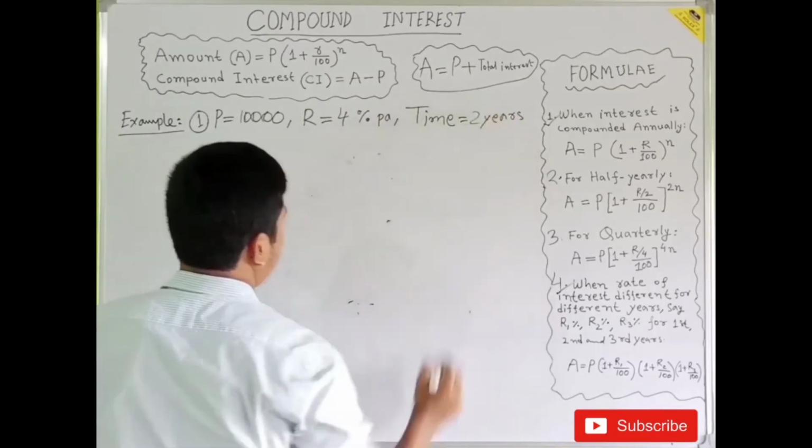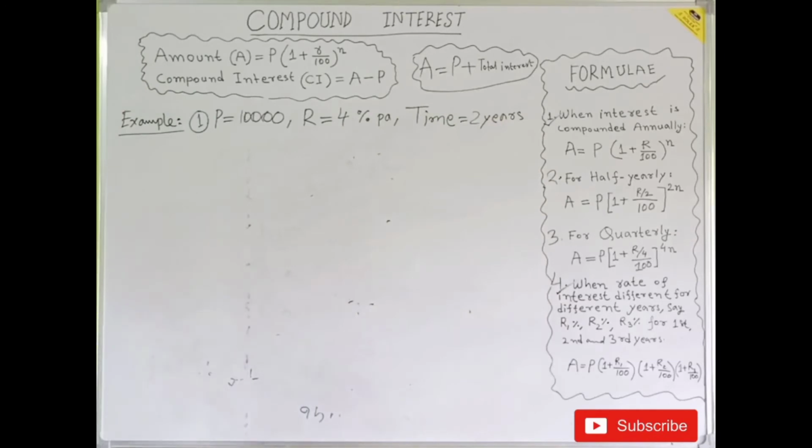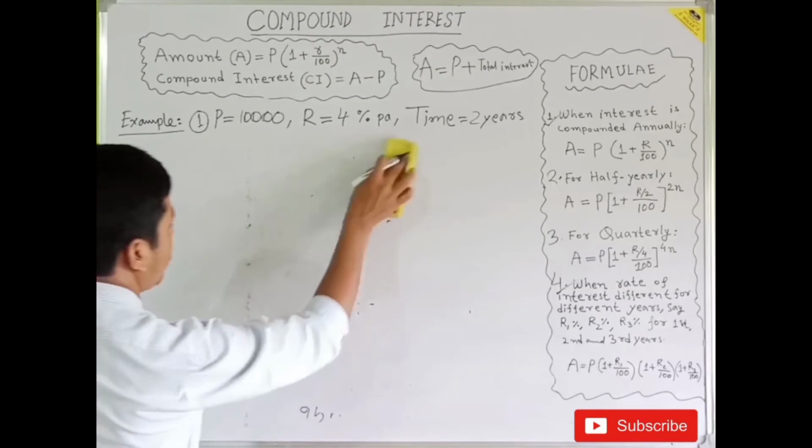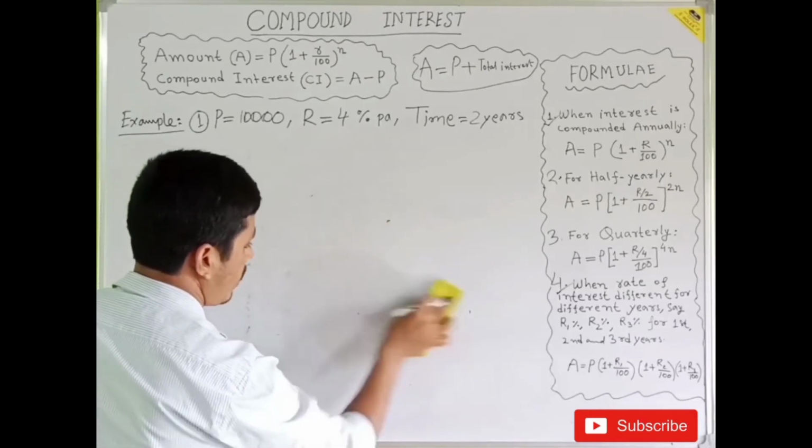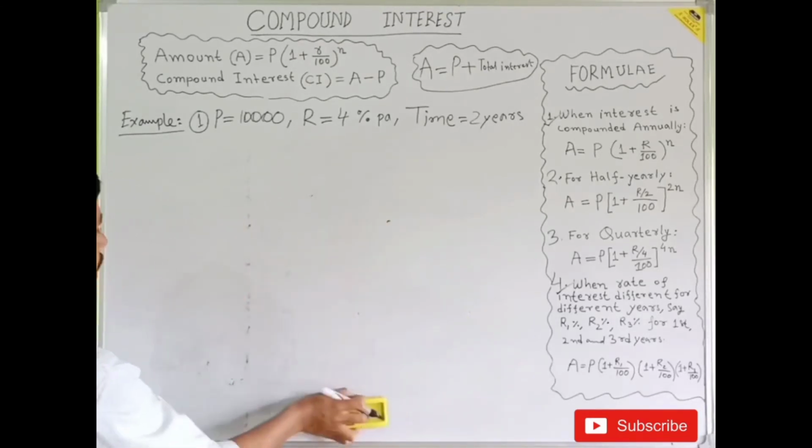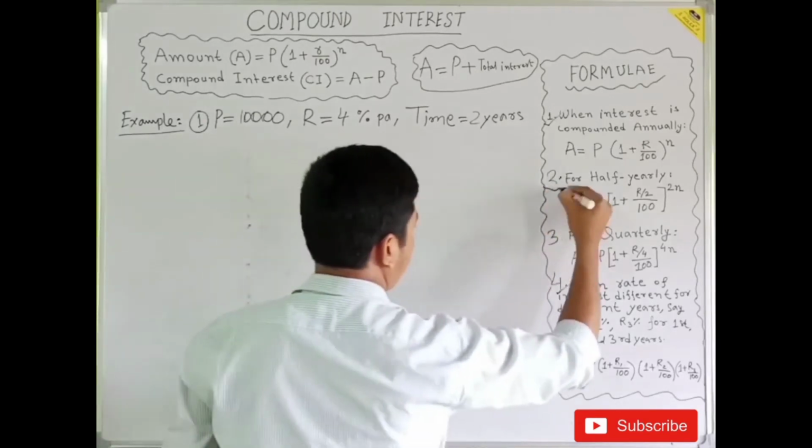We need to calculate compound interest half yearly. Then how do we calculate it? When we calculate compound interest half yearly, we need to apply the second formula.